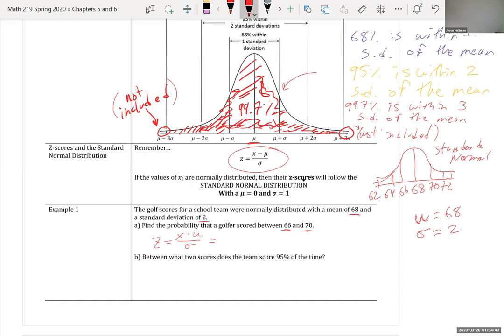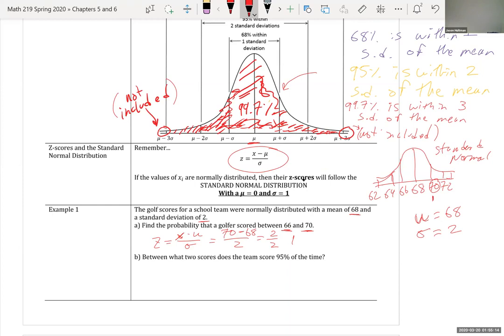X is the value that I'm looking at, so I'm looking at 70. 70 minus 68 over 2 is 2 over 2, which is 1. So this 70 becomes a 1.